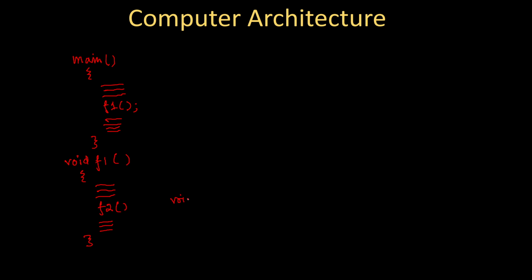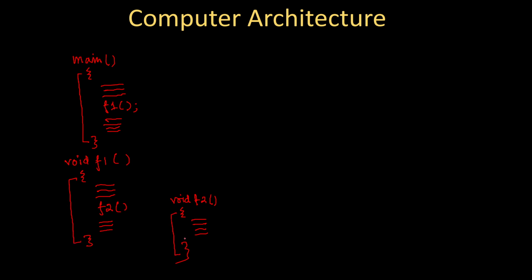So let's define f2 again. So void f2, and there is some instruction, there is no more calling, and it ends. So suppose the situation is something like this. We have a main program, an f1 function and an f2 function.